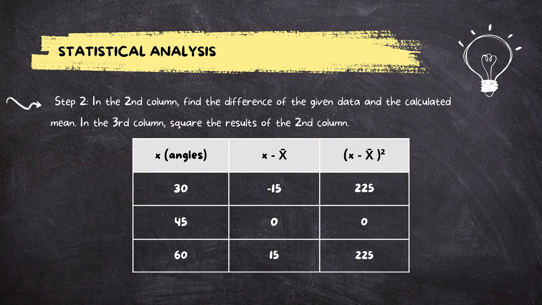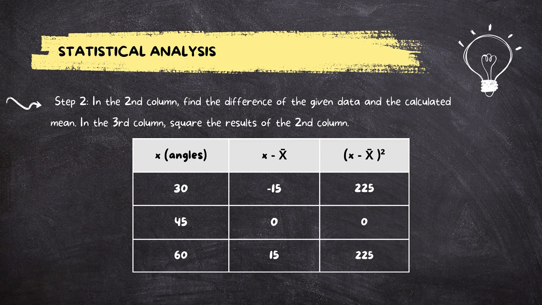And then the next step is to create a table. In the second column, find the difference between the given data and the calculated mean. In the third column, square the results of the second column. We have the x angles, that would be 30, 45, and 60, and then x minus x bar, and lastly we have open parenthesis x minus x bar, close parenthesis squared.